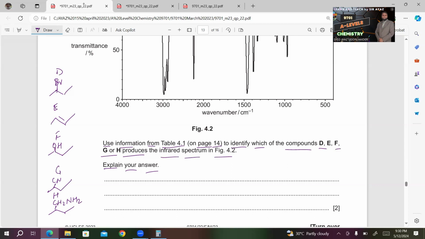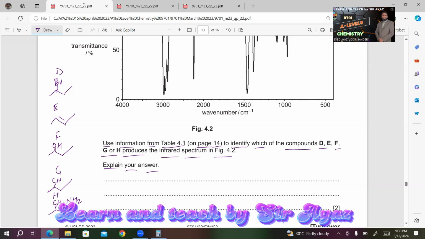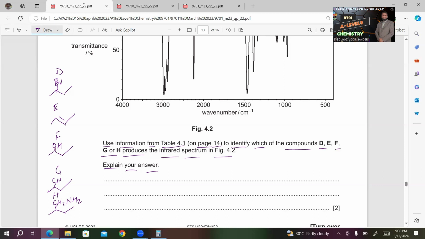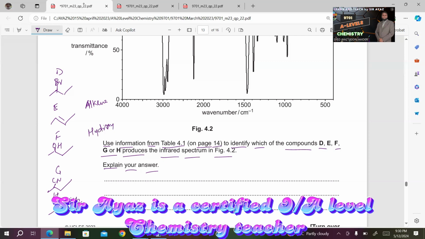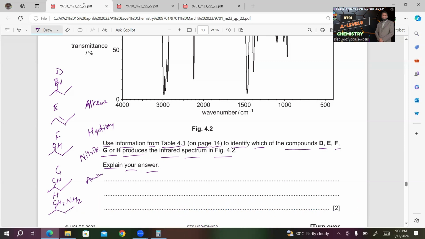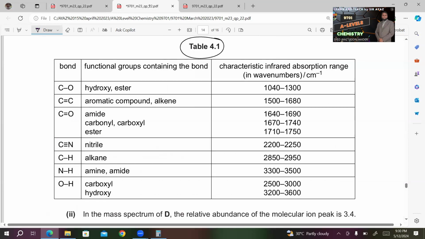So these are the functional groups we have. We don't have a peak for the bromide. We have alkene, hydroxy, nitrile, amine, and alkane, as we have CH2 here.